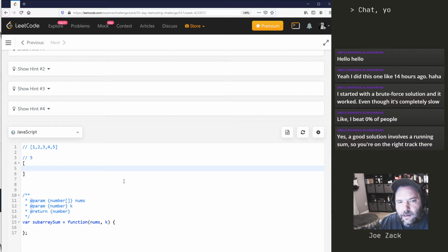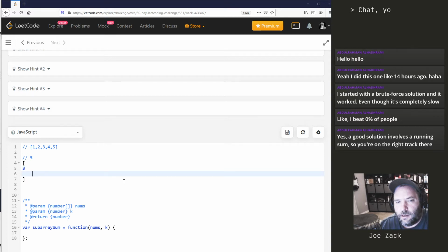Then I would add 1 plus 2, so I get 3. Well, first I guess I gotta keep 1. Then I'm gonna add 2. So what I'll do is add 2 to this number, and also add 2 by itself. I think that's okay.